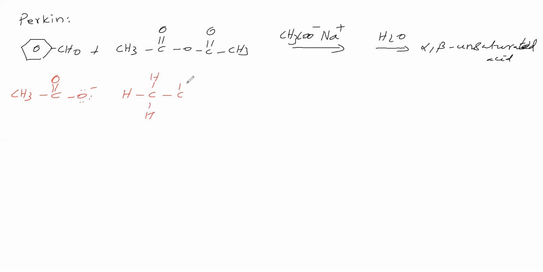In acetic anhydride, instead of removal of water we can say this base is abstracting this proton. This bond is shifting to carbon and becomes a carbanion. This acetate ion is leaving as acetic acid. This is a carbanion we can say.